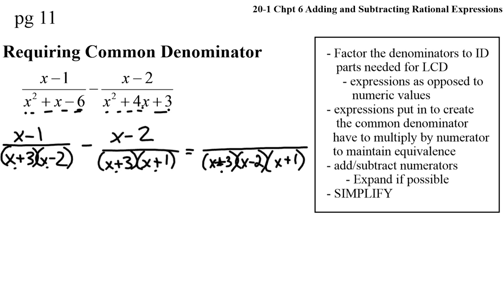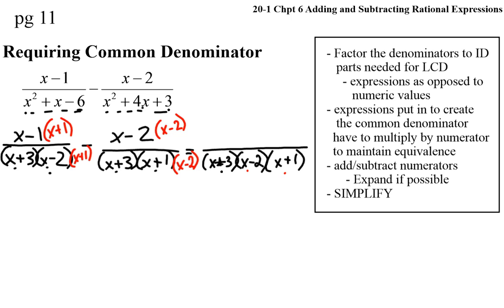What's missing from each? Well, we can see here that we don't have this x plus 1. So we're going to have to multiply by x plus 1 here, so I'll have to multiply my top by x plus 1. Here, we're missing the x minus 2, so I'm going to have to multiply by x minus 2 to get the common denominator, and x minus 2 up top to maintain equivalence.